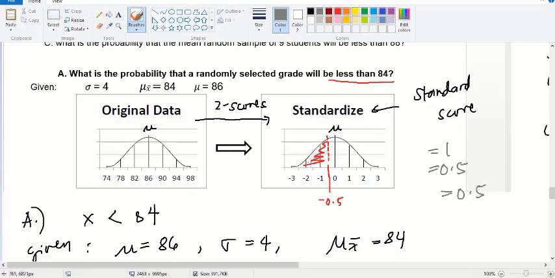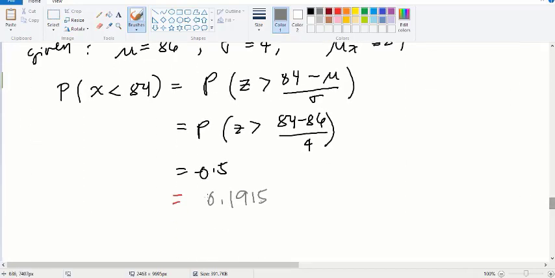Therefore, to get this shaded part, we subtract: 0.5 minus 0.1915, which is 0.3085.